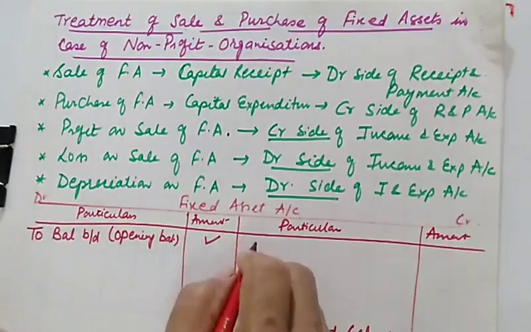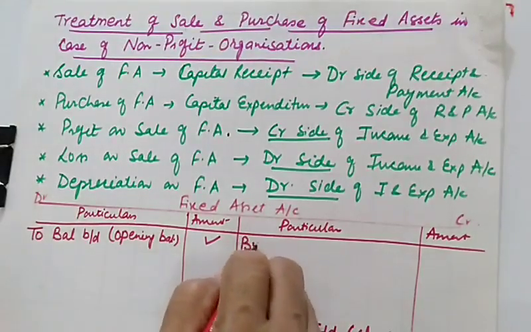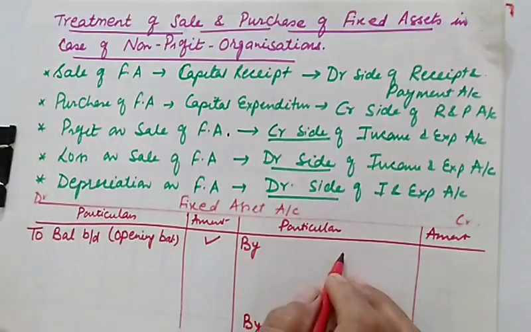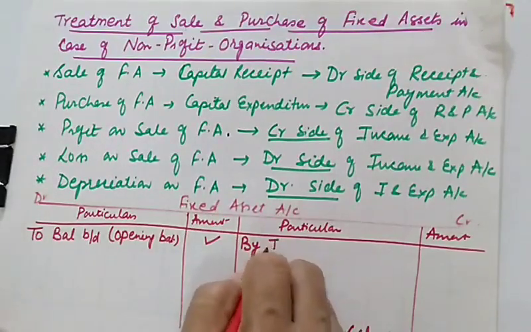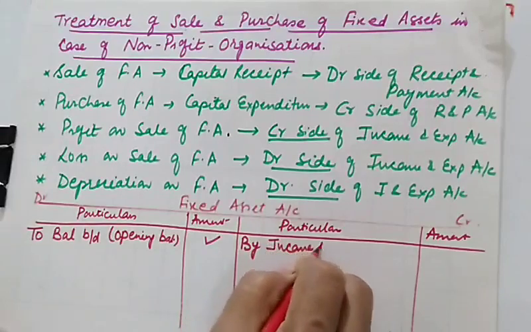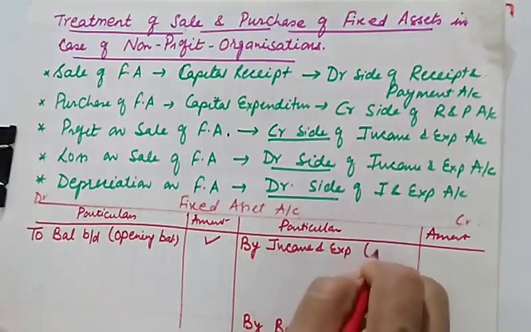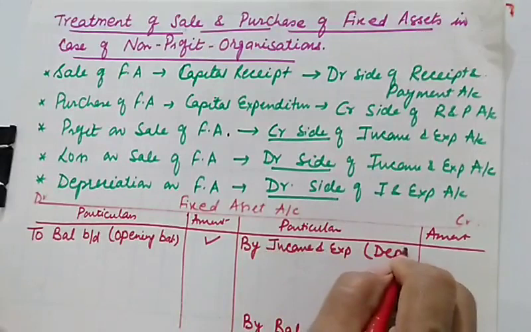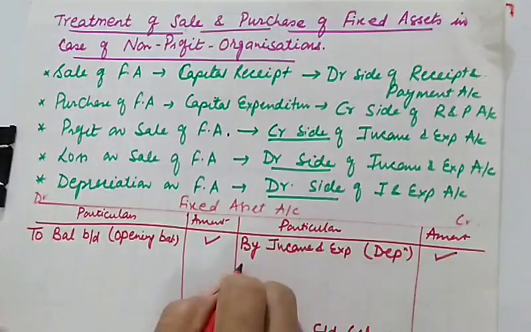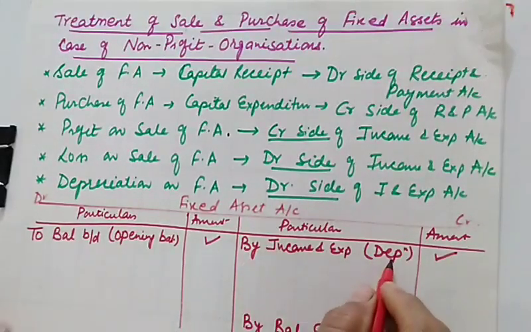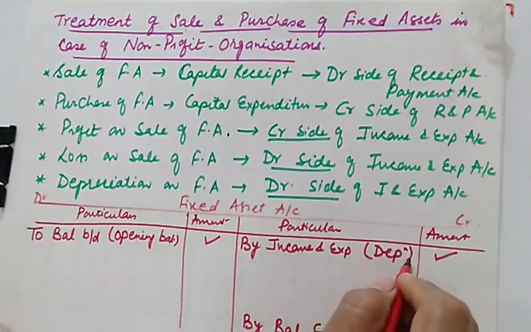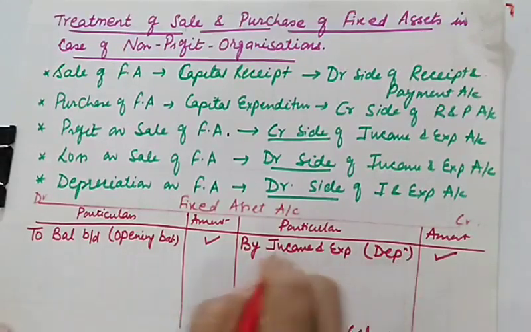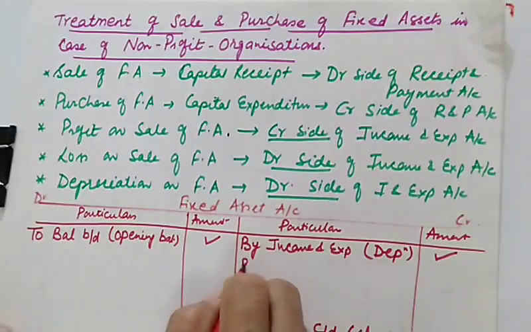And likewise, if there is some depreciation, normally we used to write by depreciation, but in case of non-profit organization, we will be writing by income and expenditure, and in the bracket you can mention depreciation charged during the year. And if the asset is sold or purchased in between, then we have to make that adjustment while calculating depreciation.